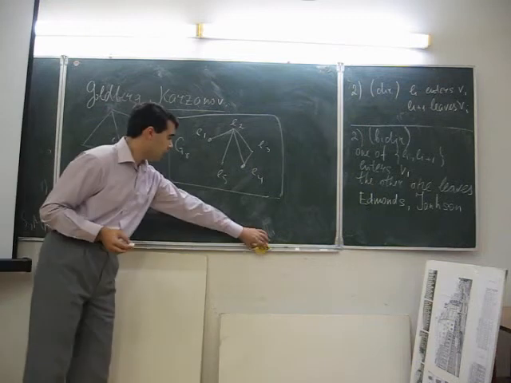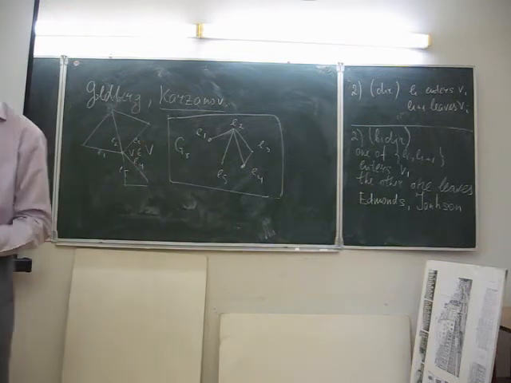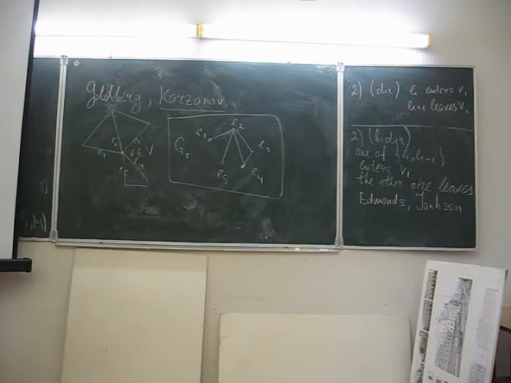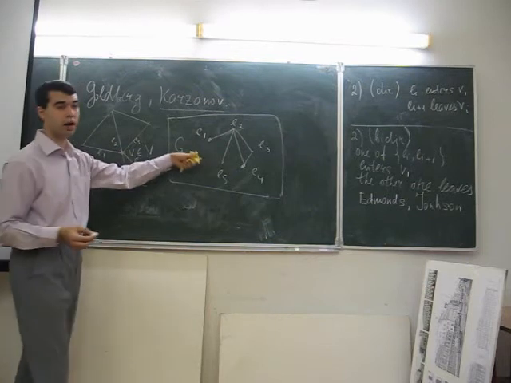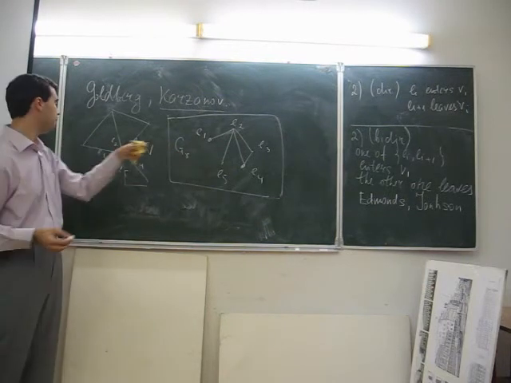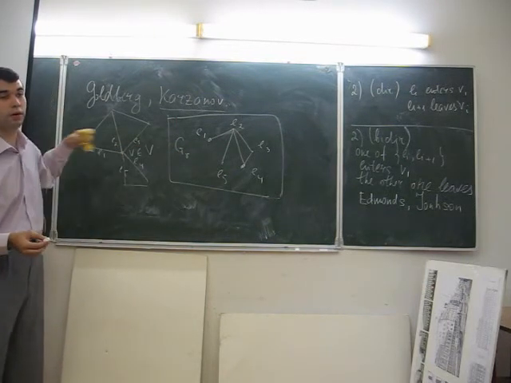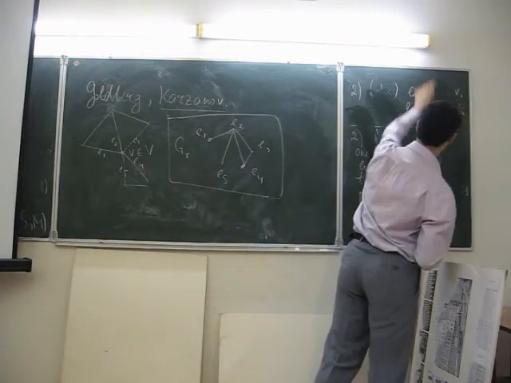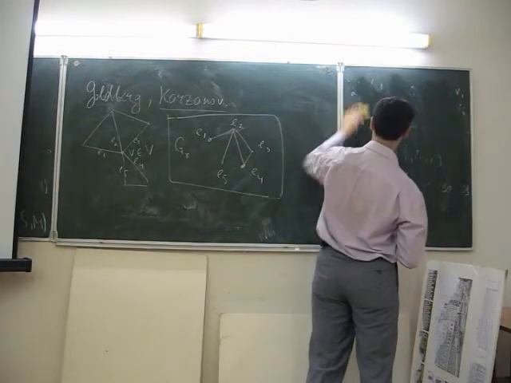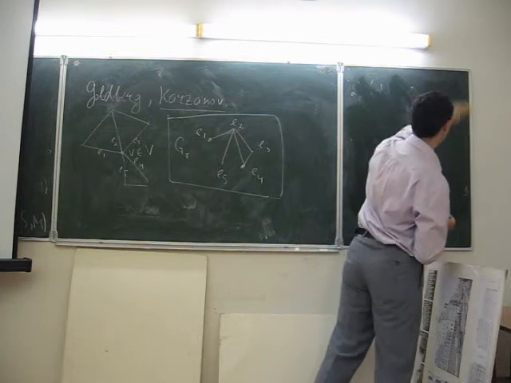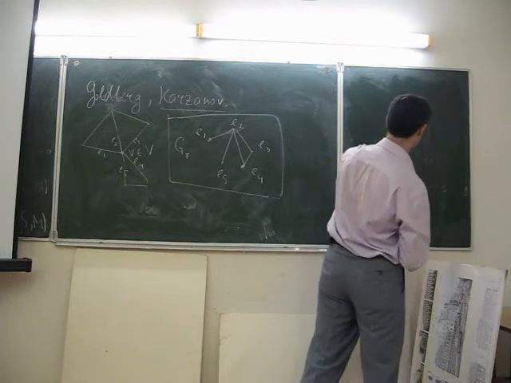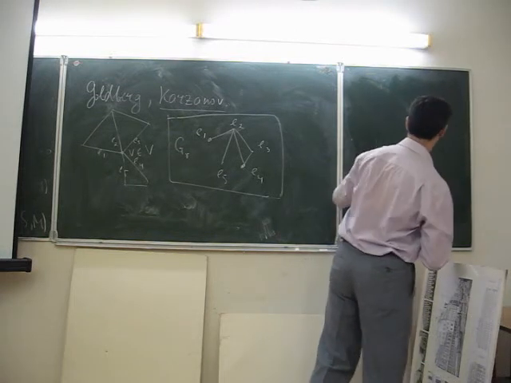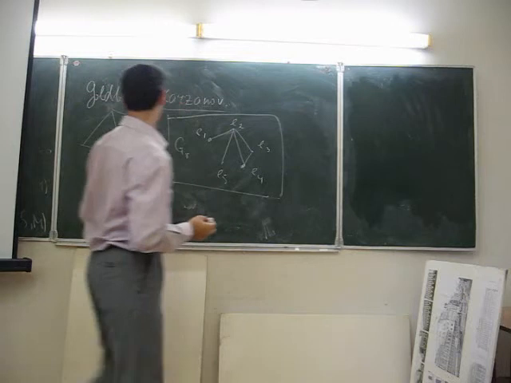Okay, let us do the following thing. Let us take all these graphs and embed them into our graph G. That is, we replace each node of G by the corresponding graph.